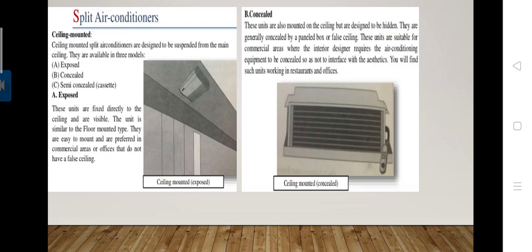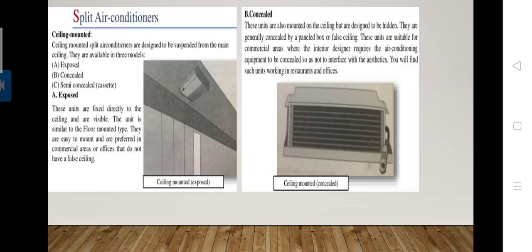In exposed units, the units are fixed directly to the ceiling and are visible. The unit is similar to the floor mounted type, they are easy to mount, and they are preferred in commercial areas or offices that do not have a false ceiling. Next is concealed.